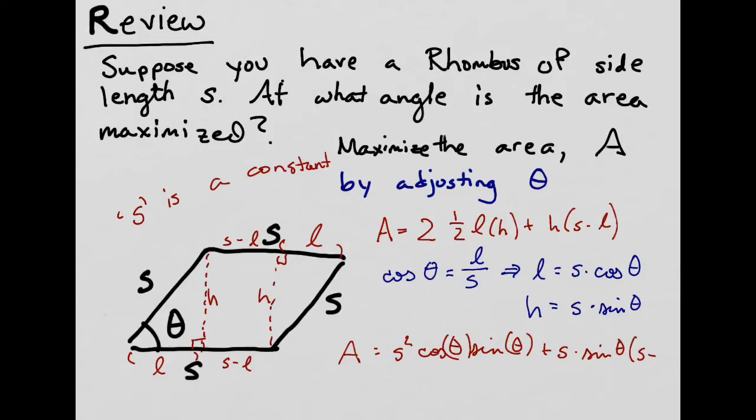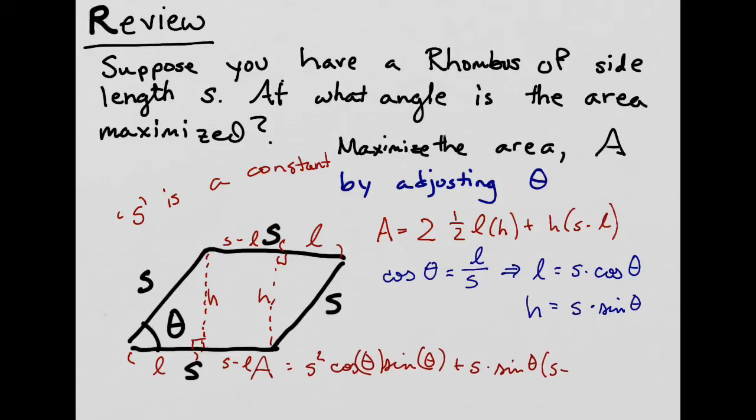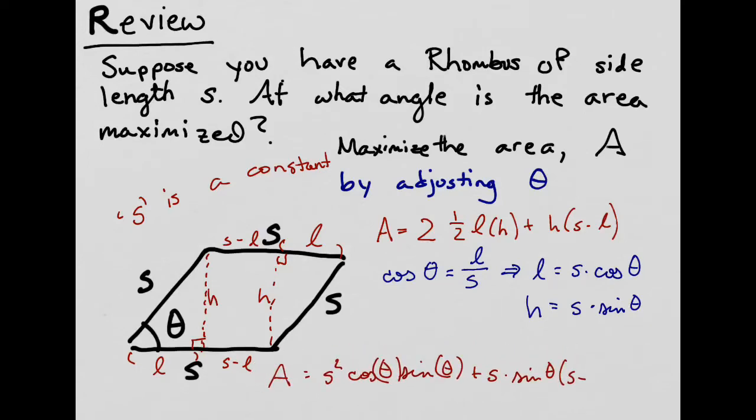So let me select that and move. Okay, S times, or S minus, and then we're subtracting L. And so that's S cosine of theta.